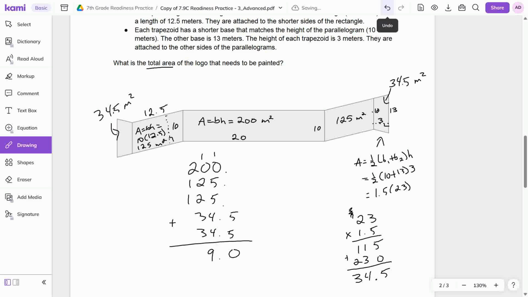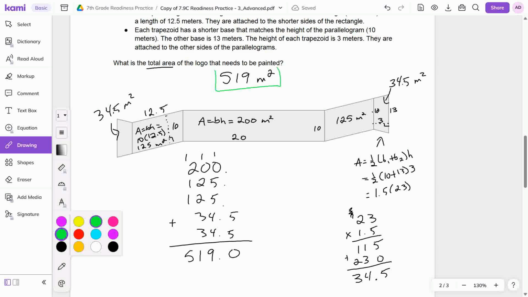I've got 3 and 3 make 6. 2 more make 10. Or 2 twos make 10, excuse me. And I've got 11. 1, 2, 3, 4, 5. 519. All right, so 519, and let's get our unit there. Square meters, that is the total area of the logo that needs to be painted.